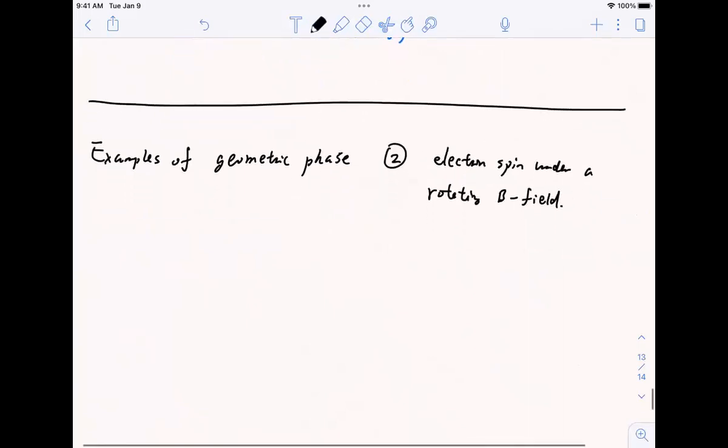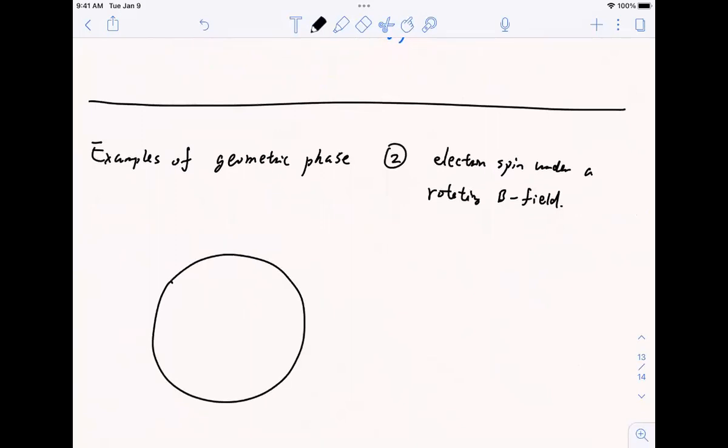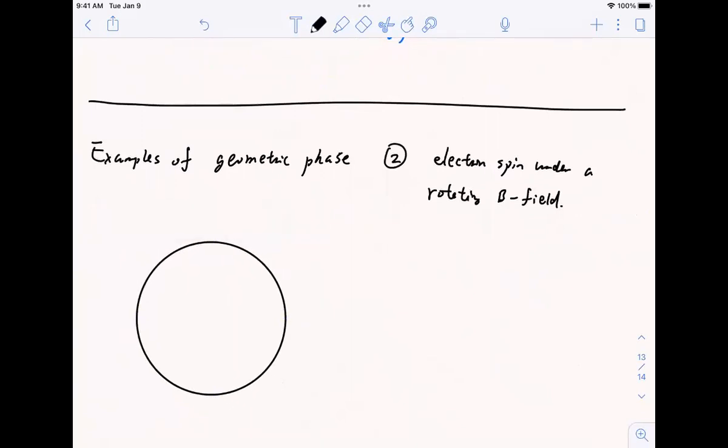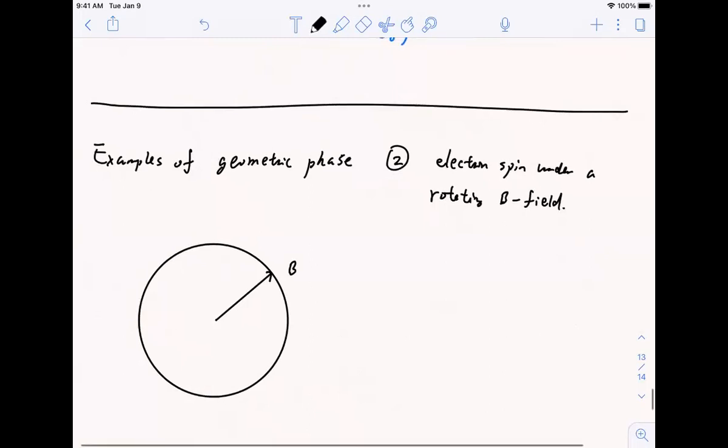Suppose you have a B field that is rotating.